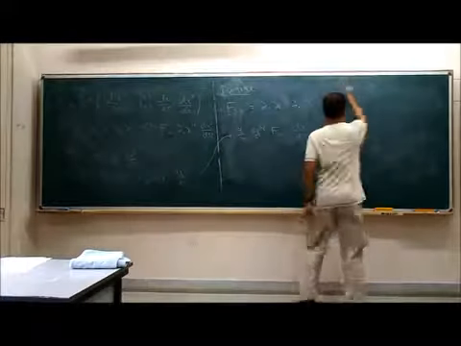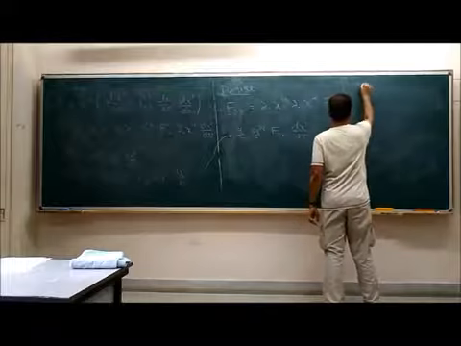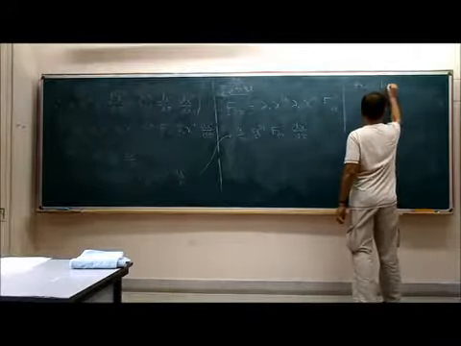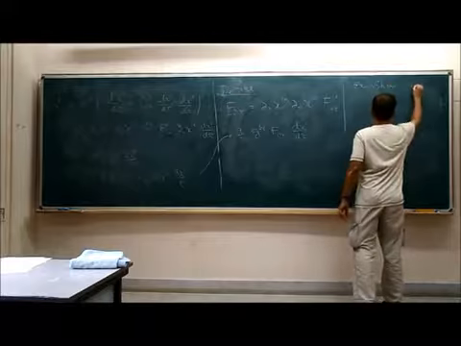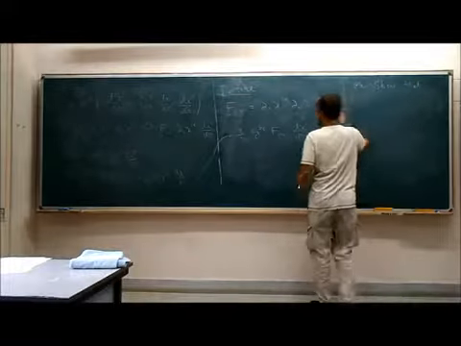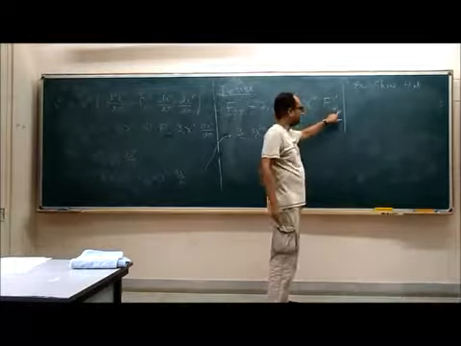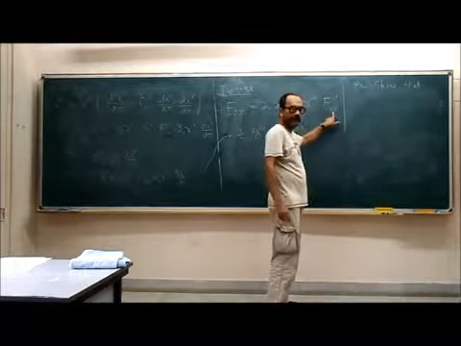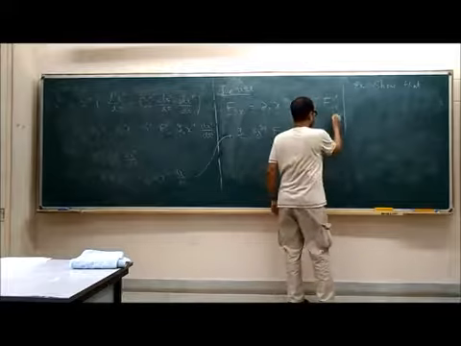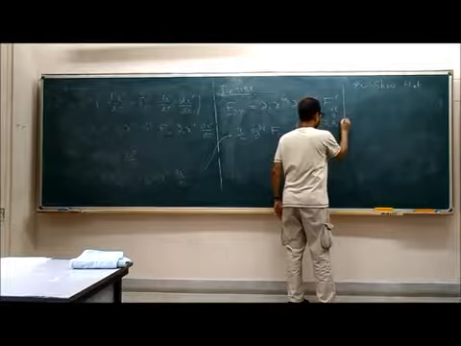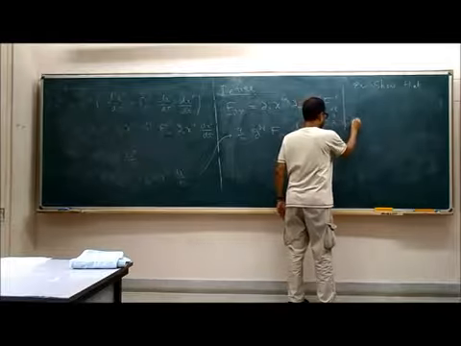Now I'll give it as an exercise to show that F'_νρ is ∂'_ν A'_ρ minus ∂'_ρ A'_ν. We know the definition of F prime: this is ∂'_ν A'_ρ minus ∂'_ρ A'_ν.